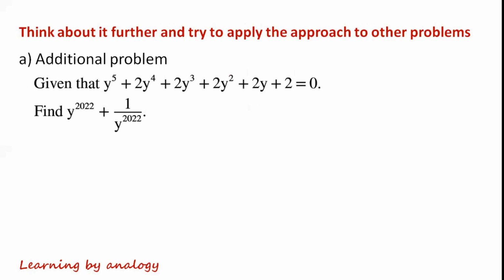Given that y to the power of 5 plus 2y to the power of 4 plus 2y cubed plus 2y squared plus 2y plus 2 equals 0. Find y to the power of 2022 plus its inverse.